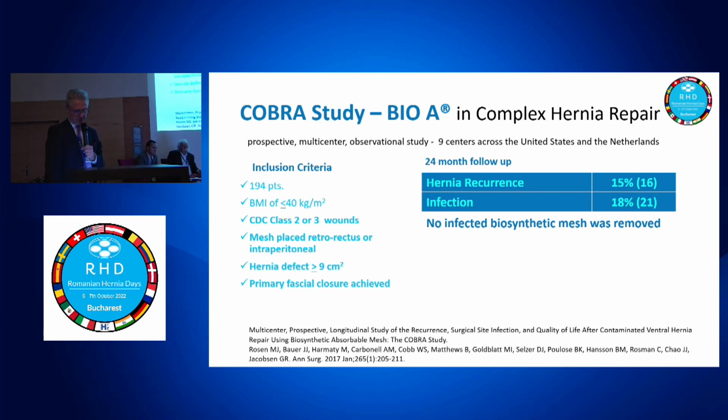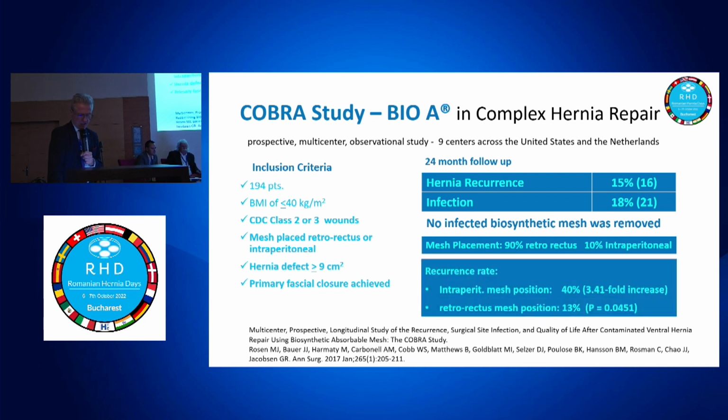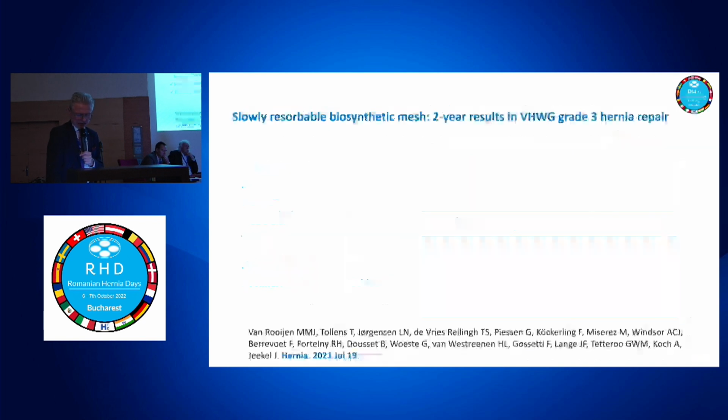There was no removed biosynthetic mesh which was infected, and mesh placement was 90% retrorectus and only 10% intraperitoneal. In the subgroup analysis, the recurrence rate was 40% for intraperitoneal mesh position and 30% for retrorectus. So this was, of course, a recommendation to use this mesh only in the retrorectus position.